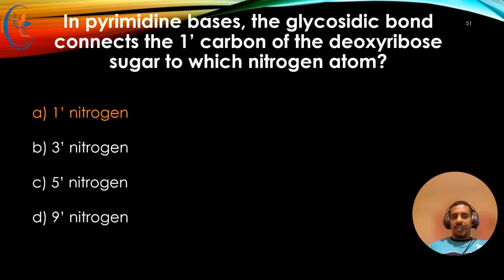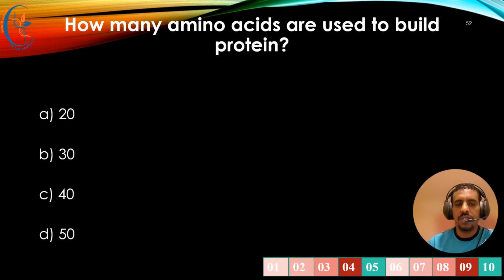All right, the correct answer is A. In pyrimidines, I mean cytosine and thymine, the glycosidic bond connects the 1' carbon of the deoxyribose sugar to the 1' nitrogen of the base. All right, so let's move to the next question.